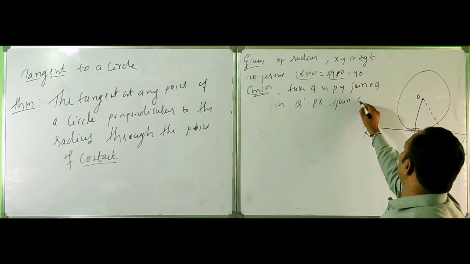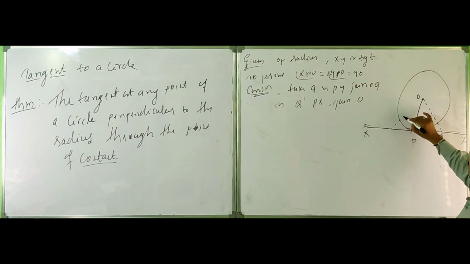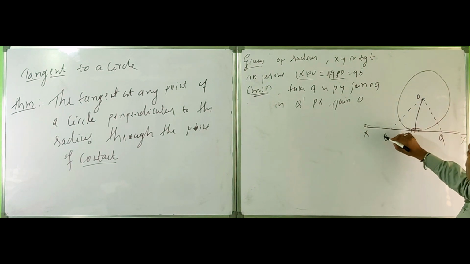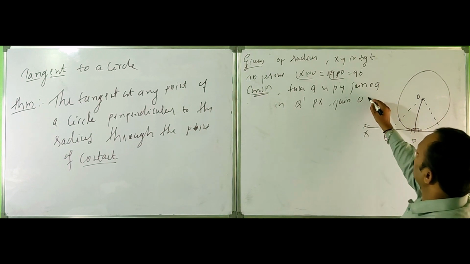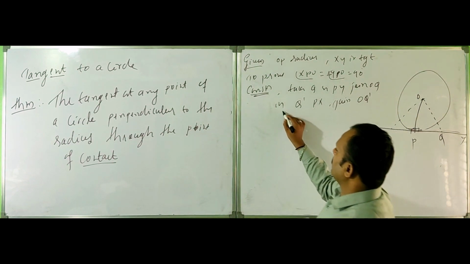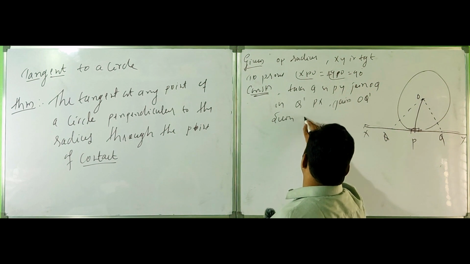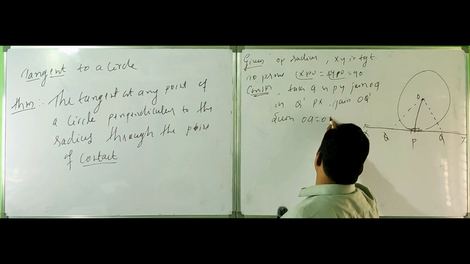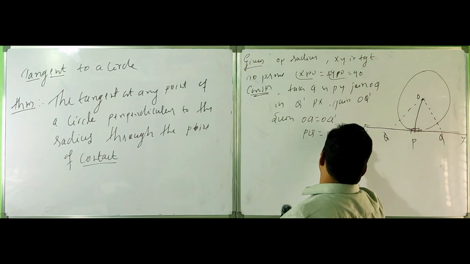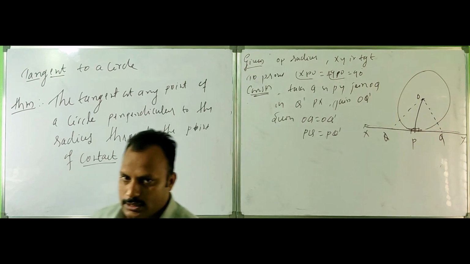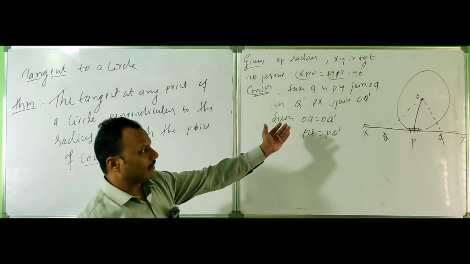Join O here also to Q dash, OQ dash, such that OQ is equal to OQ dash and PQ is equal to PQ dash. This is the need to construct the whole thing.